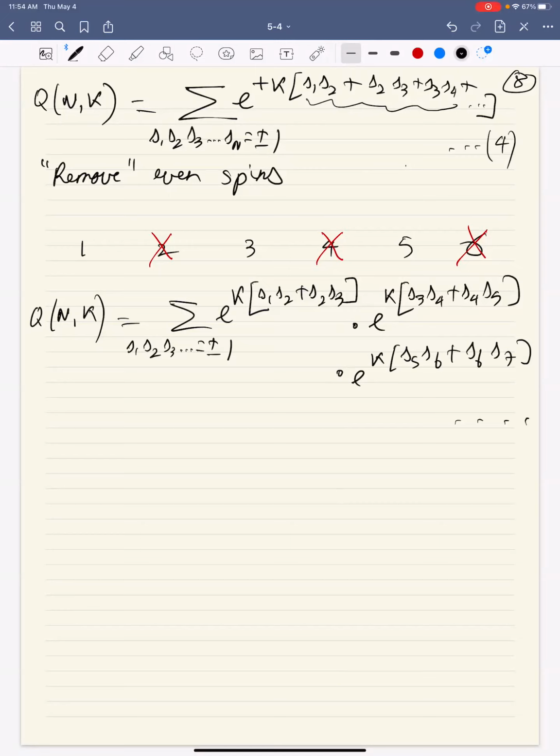Everyone happy with this? I've just taken everything coming one at a time, S1, S2, S2, S3, but I've written it in a separate direction.